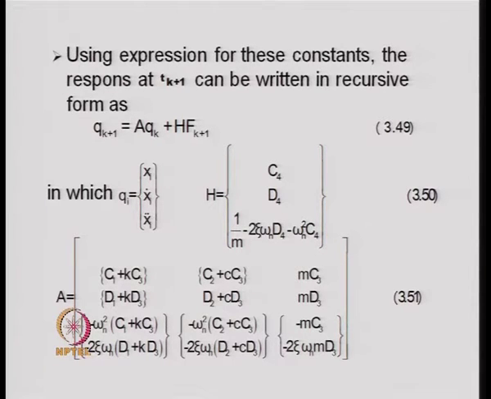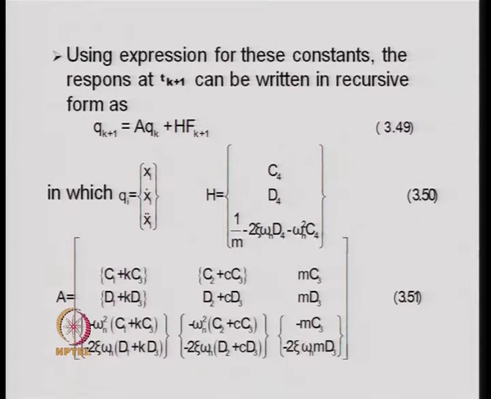And once you are able to find out these quantities, that is C1, D1, C2, D2, C3, D3, etc., then you can write down the equation in this recursive form, where q k plus 1 is equal to a matrix A into q k plus H into f k plus 1, where q basically represents all the three quantities in a vector form, and A is a matrix consisting of these constants, and the H is again a matrix consisting of the constants of those equations.